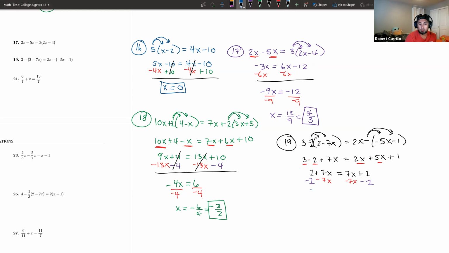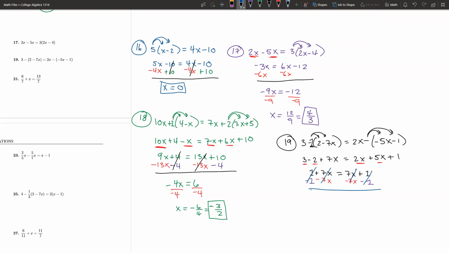And here, my 1's cancel, my 7x's cancel. And then over here, my 7x's cancel and my 1's cancel. So what am I left with? What number am I left with on the left side and the right side? Isn't it 0 equals 0?